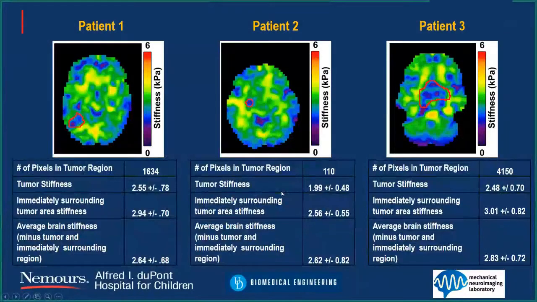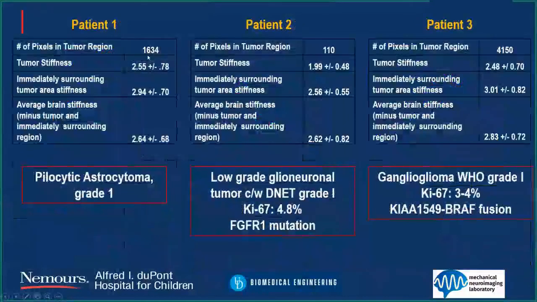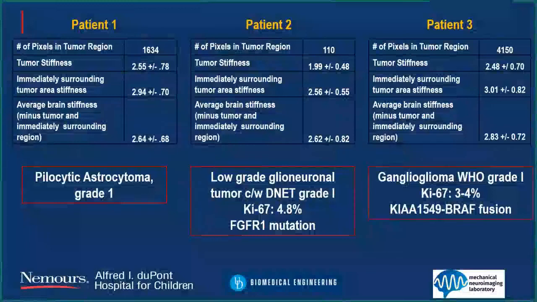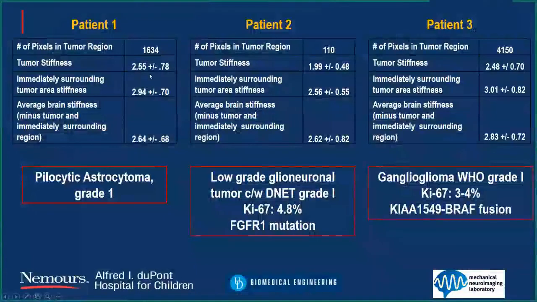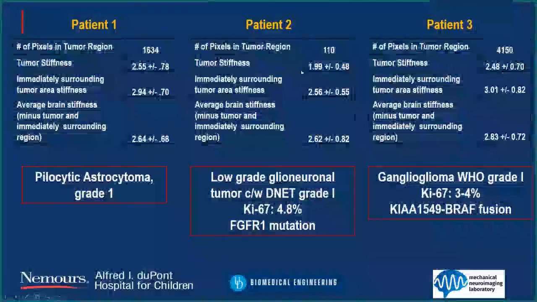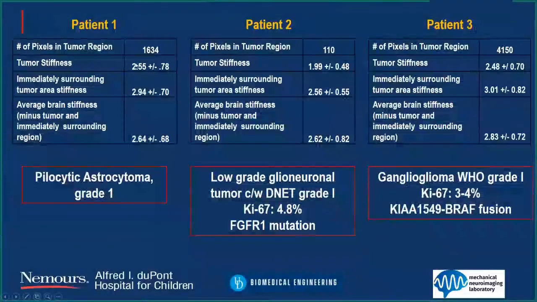And when we compare this tumor stiffness, if we look at a few of the papers which have been published in adults, a tumor stiffness of something around 2.3 and above will correspond to a low-grade glioma, and all these tumors are around that same range.